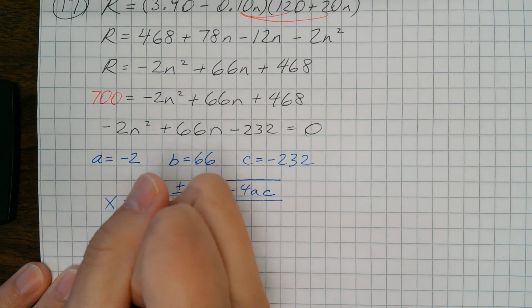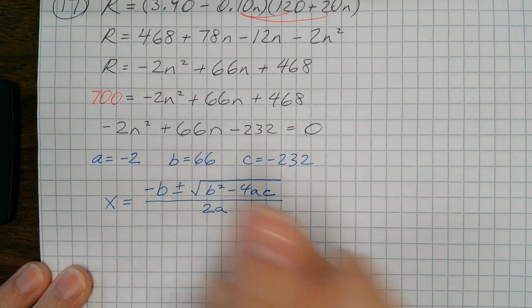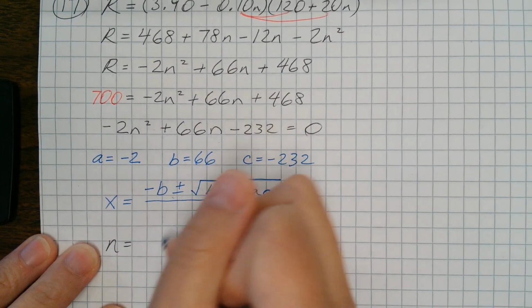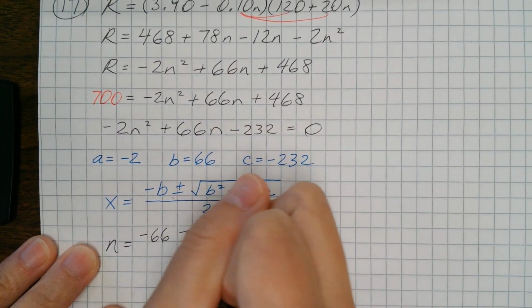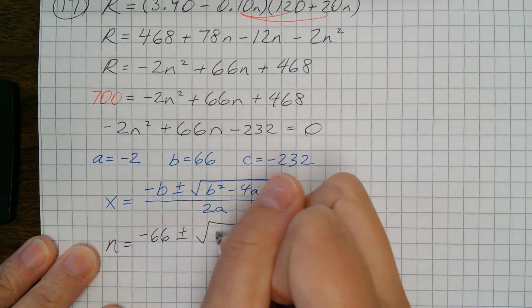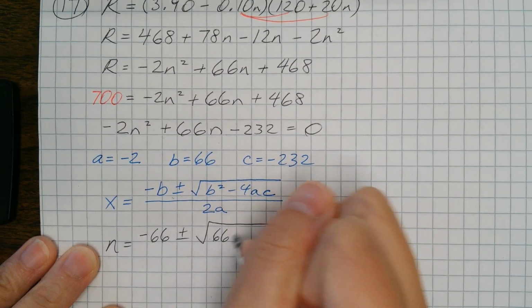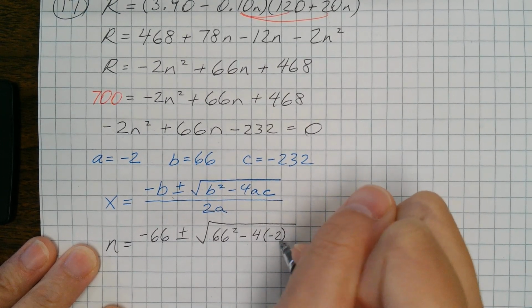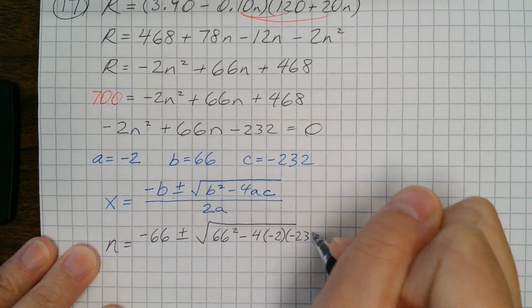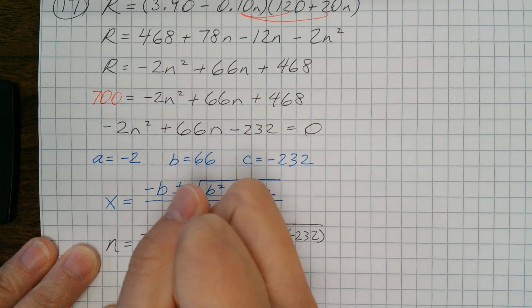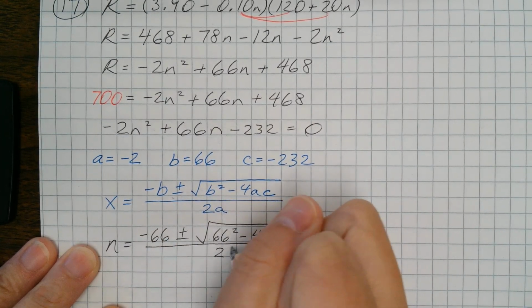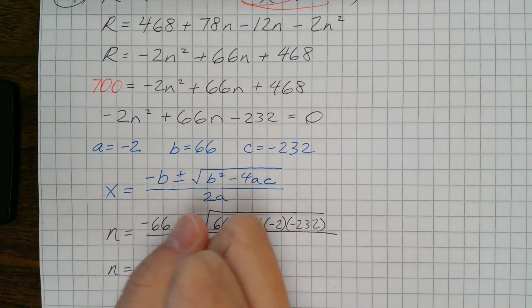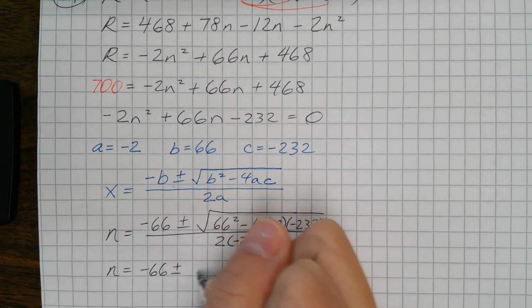Here we're actually solving for n. So n equals, sub it in, negative 66 plus or minus the root of 66 squared minus 4 times a times c, all over 2 times a.